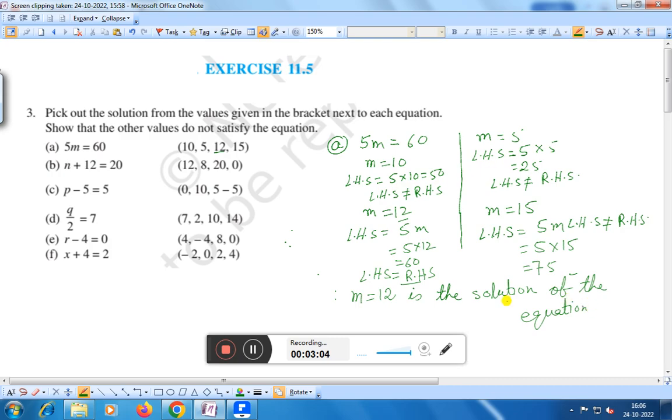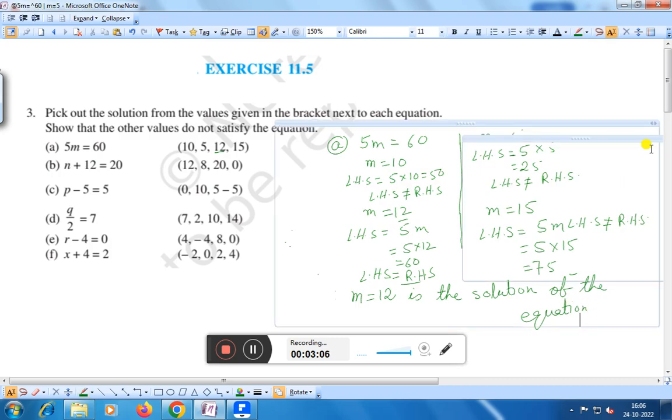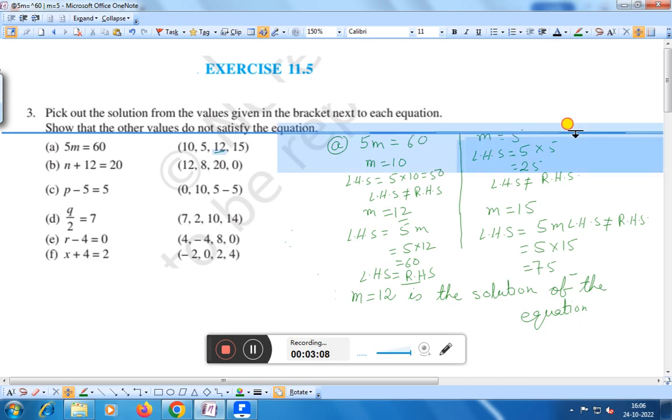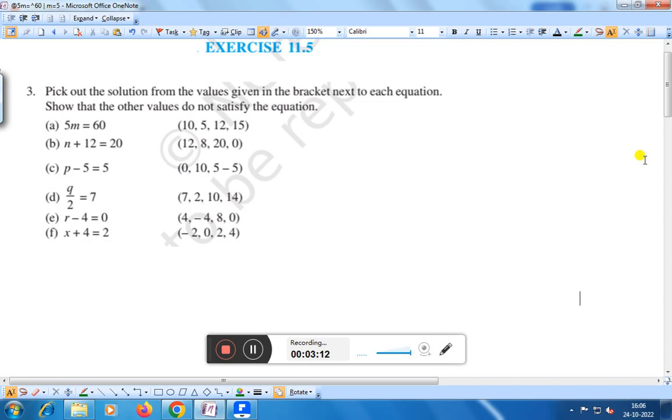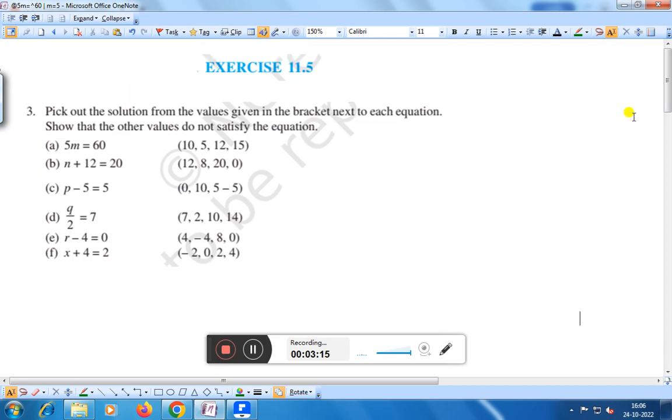Now question number B. What is question number B? Question number B is n plus 12 is equal to 20.